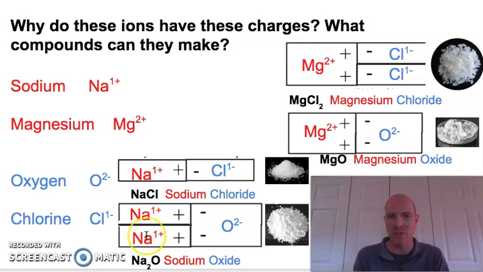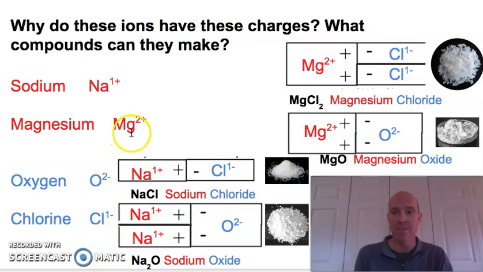So I've got 2 sodium ions to my 1 oxygen. That's why down here I wrote Na2O. Notice I don't write any of the charges. Once I write the formula, I have to balance the charge and it goes away. It's also a white crystal.